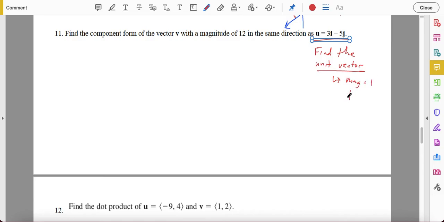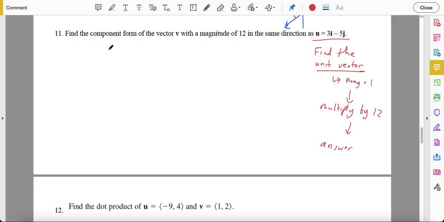Then I use scalar multiplication and multiply it by 12, and that will get us to our answer. So two steps: find the unit vector in the same direction, and then multiply it by 12, because if the unit vector has a magnitude of 1 and we want 12, we just multiply by 12.